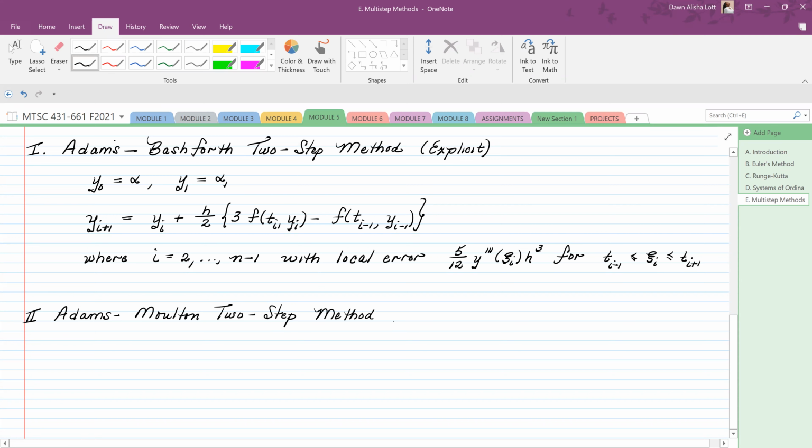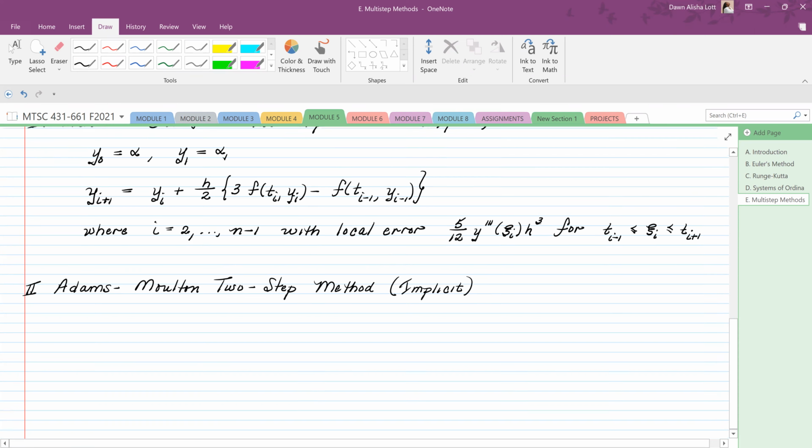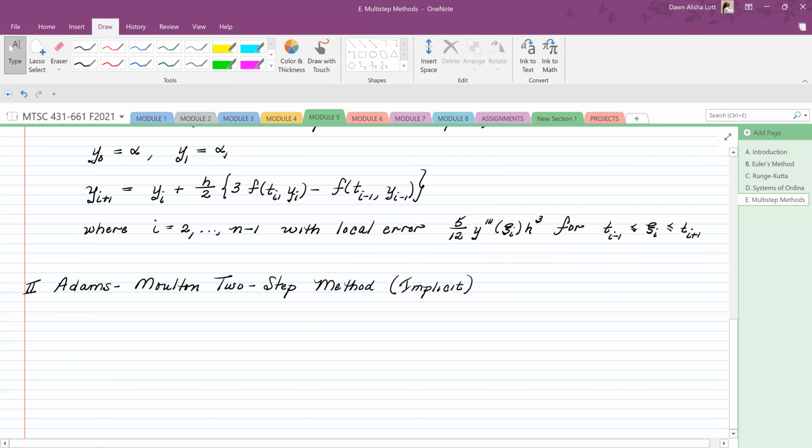The work that Adams did with Moulton came up with implicit schemes. And this can actually be rather difficult if f is not very easily separated to where you can find the values for y i plus 1.